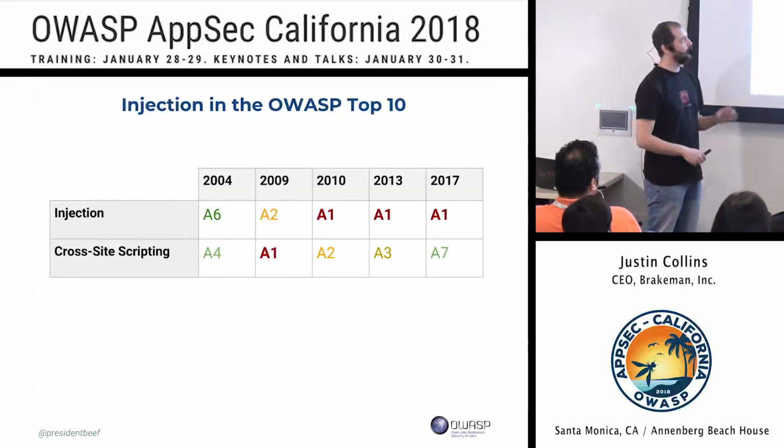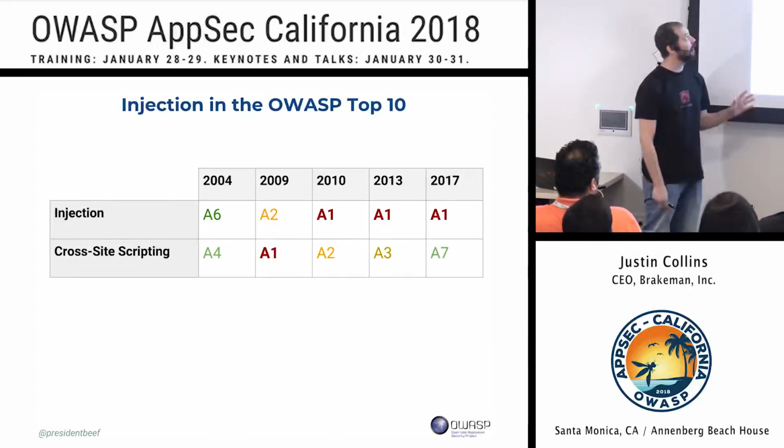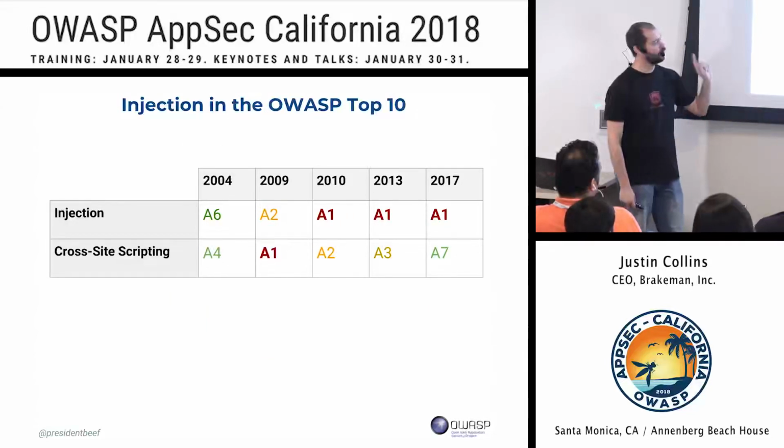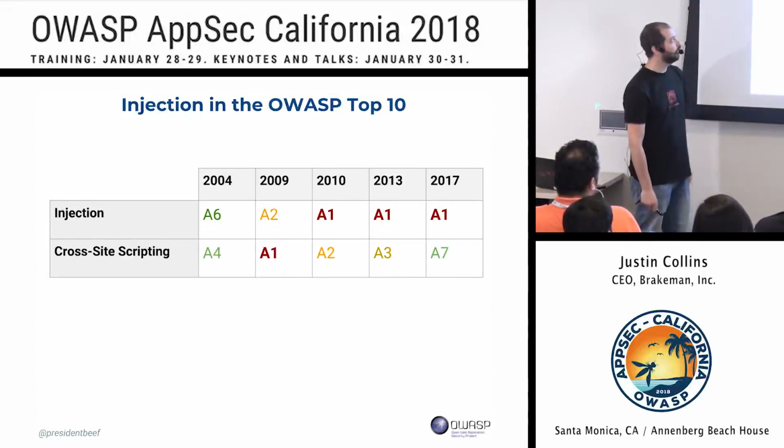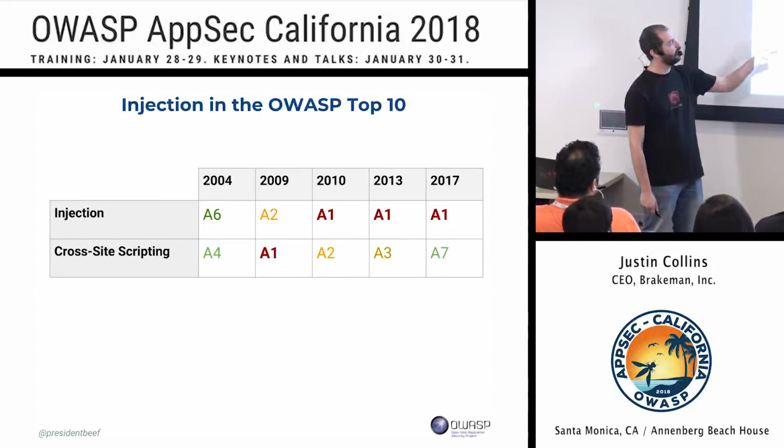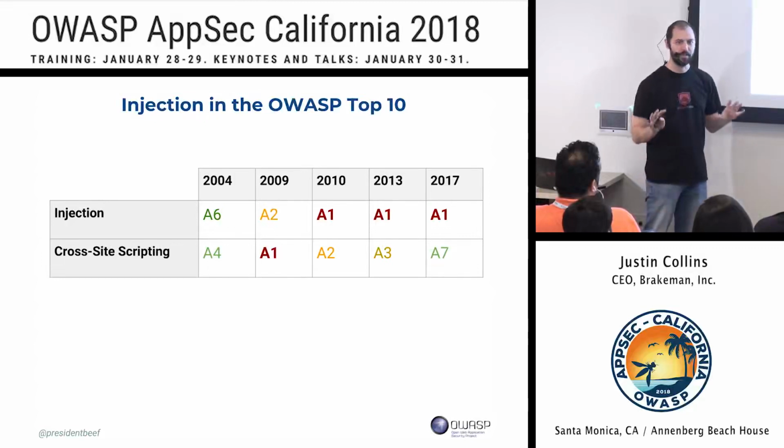So if we look at the OWASP top 10, and we look at injection and also cross-site scripting, which I believe is also an injection vulnerability, but a more specific one. They've both been on the list since 2004. Injection started kind of low, and then it jumped up to number 2 in 2009, and then since 2010, it's been the number 1 spot.